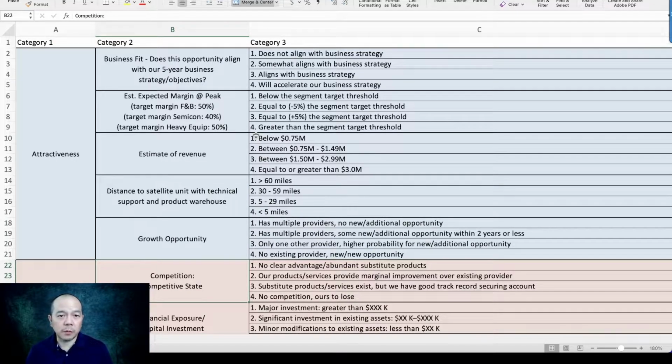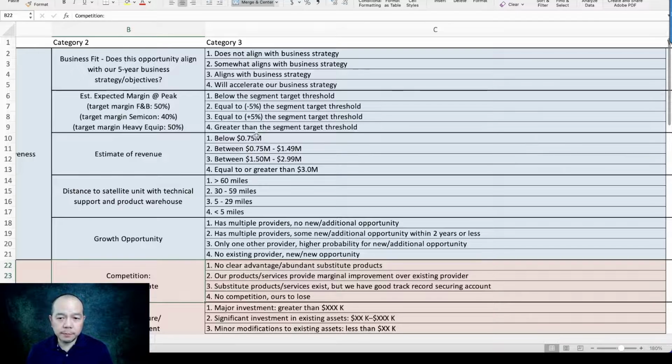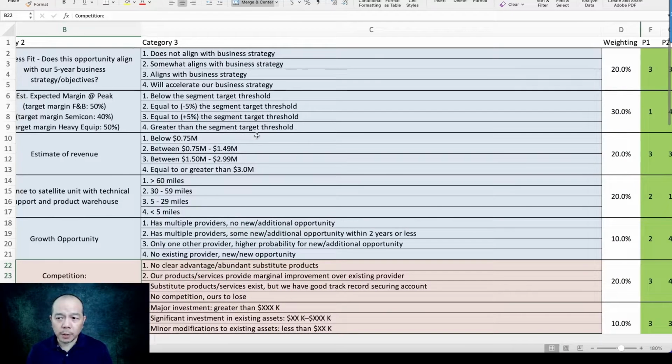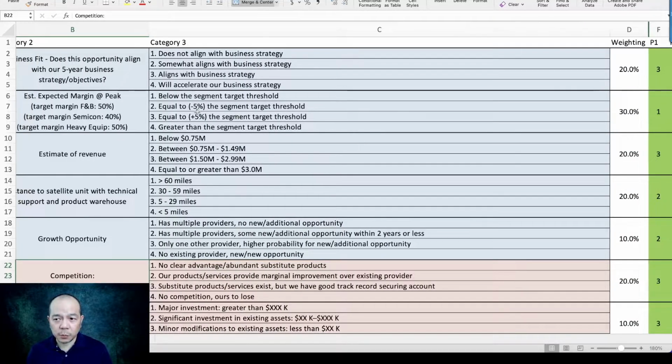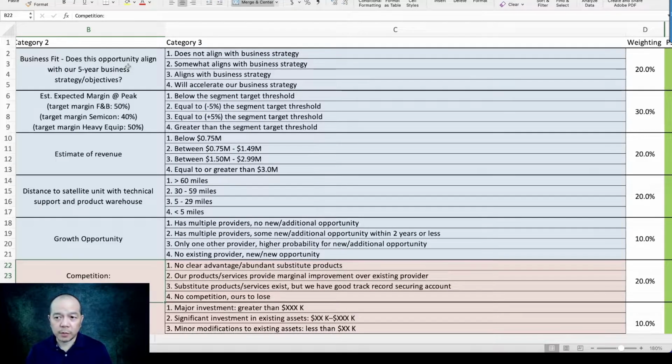We move on to the right side here, where we have the weighting for each one of these categories. Once again, you'll need to talk to your leadership team to determine the best weight for each one. What I did is enter what I think is best for us, and then have those conversations with the BD and sales team, as well as the leadership team.